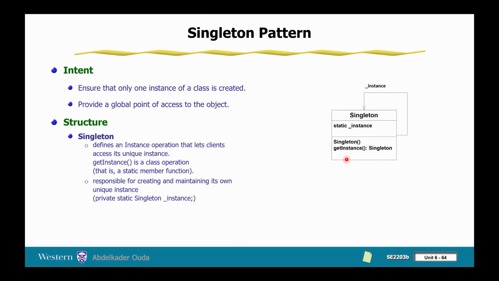Second step: provide a public method that can create an object of itself using this self-association line. We define a variable. In this example, I call it _instance, of type Singleton, the class itself.